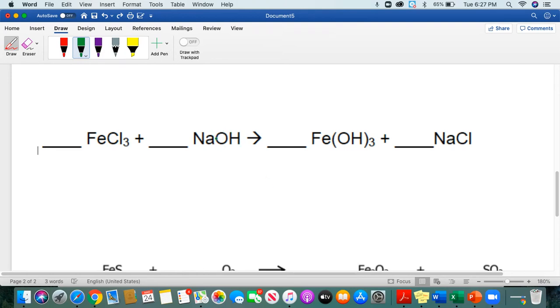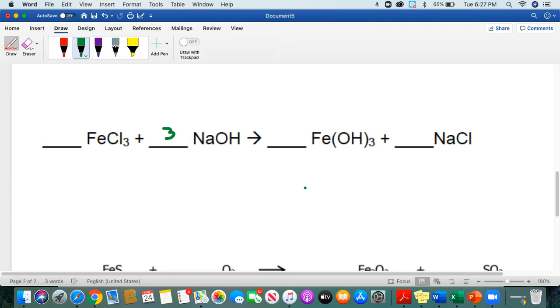I have one OH here. Why? Because if you think about it, there's an invisible bracket and there's a 1 here. Okay. So I have one OH and I have 3 OHs on this side. So how do I balance that? Well, if I have 3 OHs here, then I need to put a 3 here. So I have 3 OHs here.